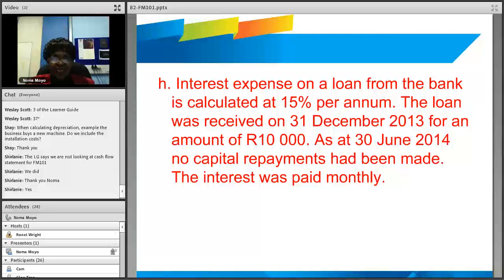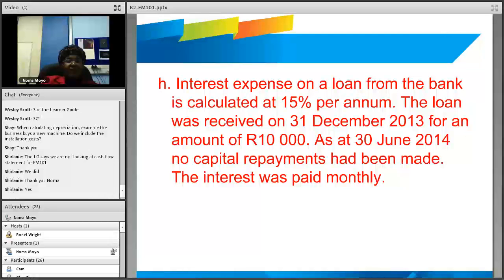It is 6 over 12, because it's only been there for 6 months, times 15 over 100 times 10,000. That means the interest on the loan is 750. That's what is going to be our interest expense.